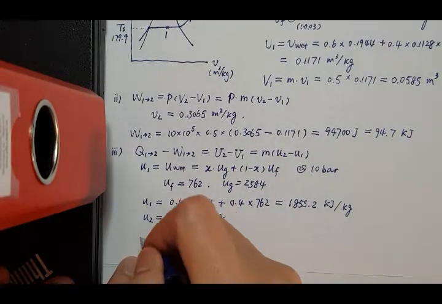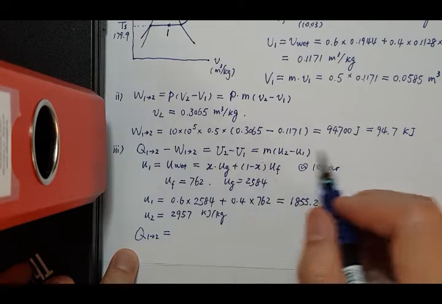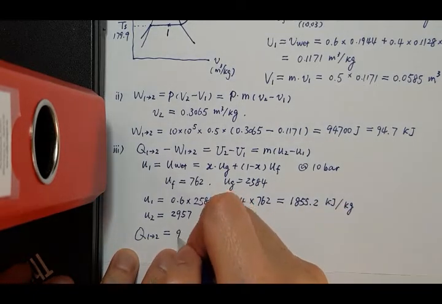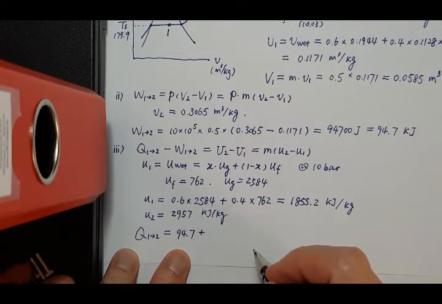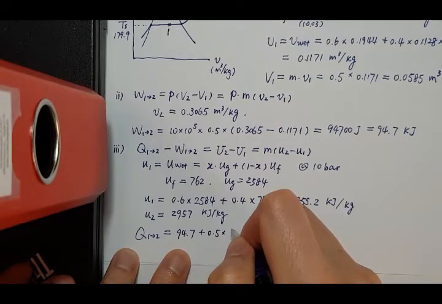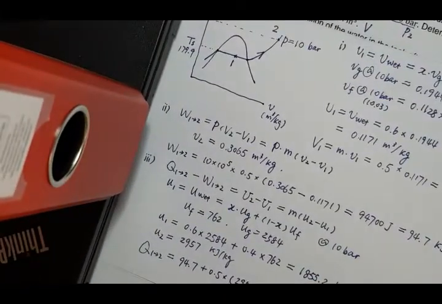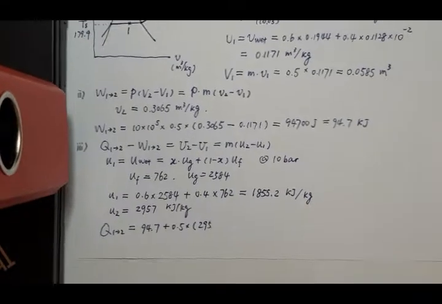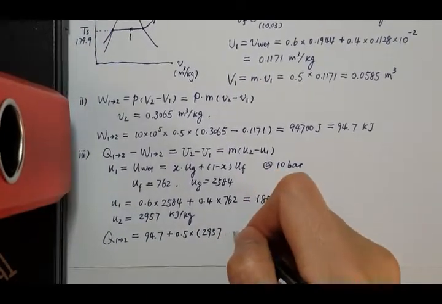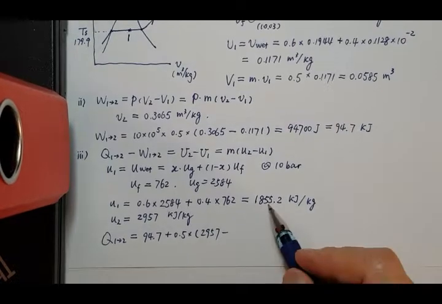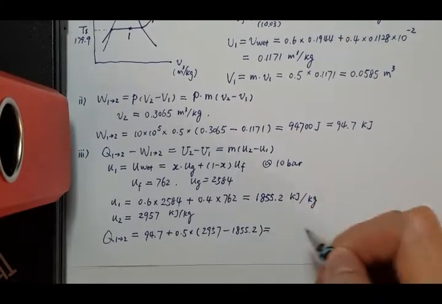So this will give me Q12 is equal to W12, which has been calculated, 94.7, plus the mass, which is 0.5, times u2, which is 2957, minus u1, 1845.2.